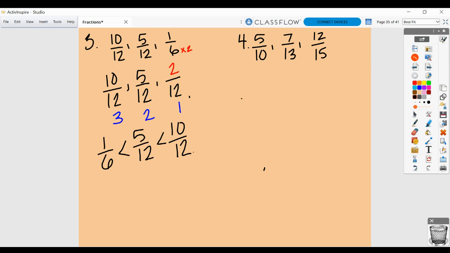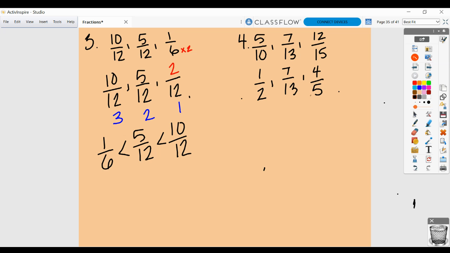Okay, for number 4, you have 5/10, 7/13, and 12/15. Another way that you can make this a lot easier is by simplifying the fractions down if you can. So 5/10 simplifies down to 1/2. 7/13 does not simplify. 12/15 does simplify because each of those numbers is divisible by 3.